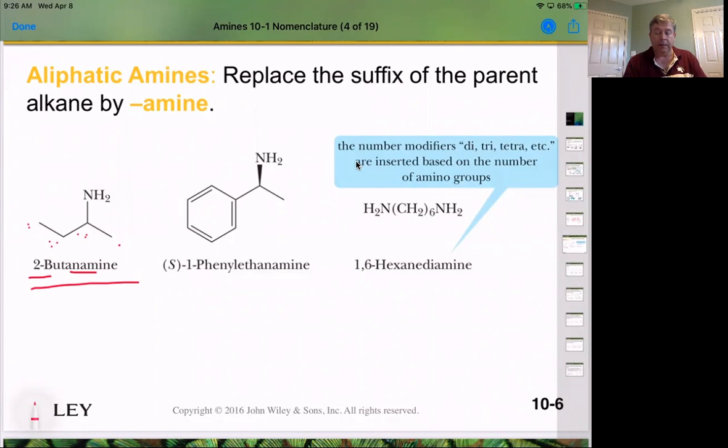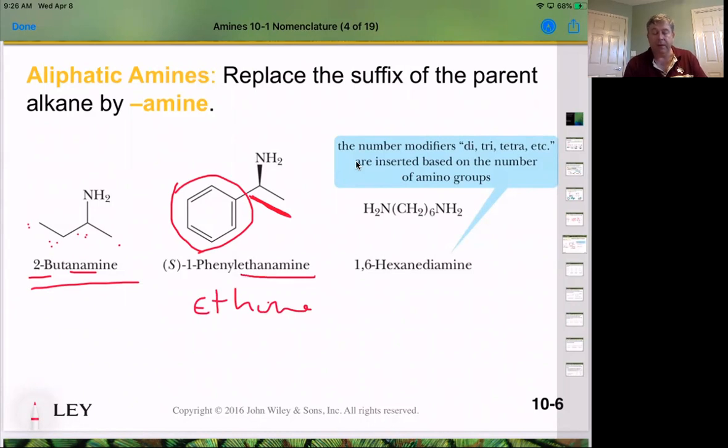So let's talk about this. If we were to name this right here, this would be our benzene ring, but we have an aliphatic chain on it and it's not a common name. So we have to name it as the phenyl substituent. So that means our longest aliphatic chain right here is these 2 carbons. So that gives us ethane right here. So that makes it ethanamine right here.